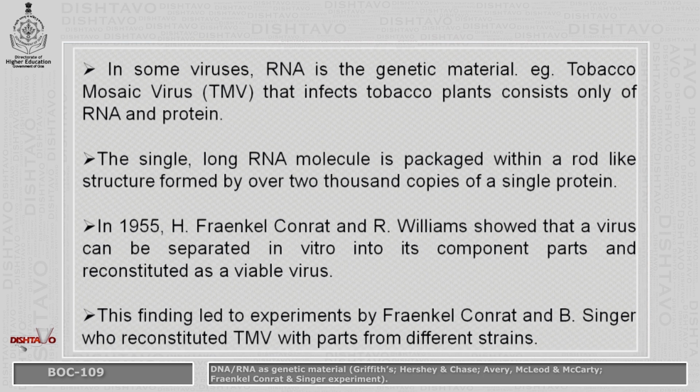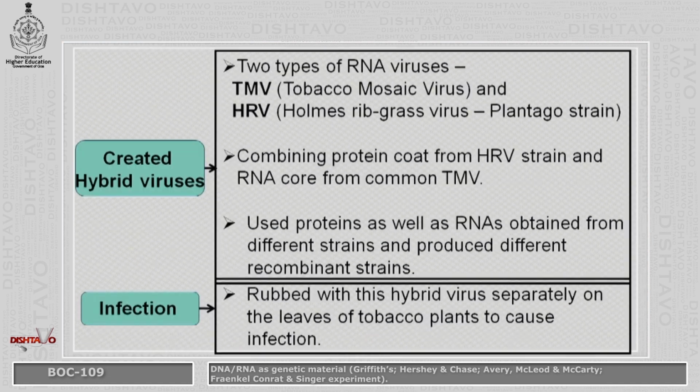Now, prior to Fraenkel-Conrat doing the experiment, it was Fraenkel-Conrat and R. Williams who showed that a virus can be separated in vitro into its component parts and can reconstitute a viable virus. This finding led Fraenkel-Conrat and Singer to reconstitute TMV with parts from different strains. So they performed their experiment.